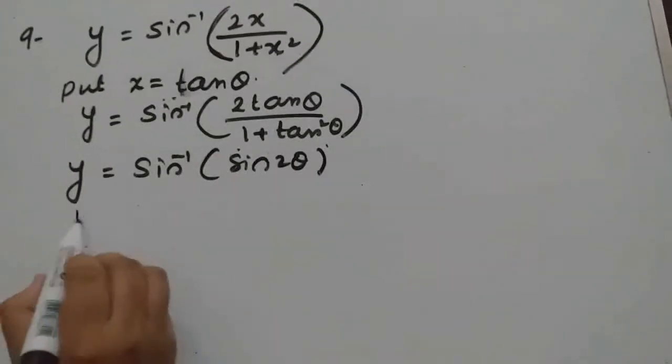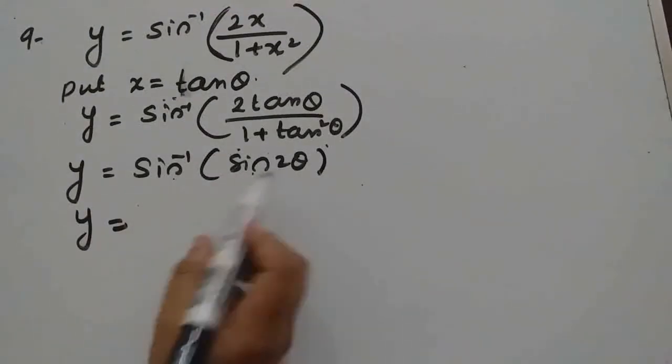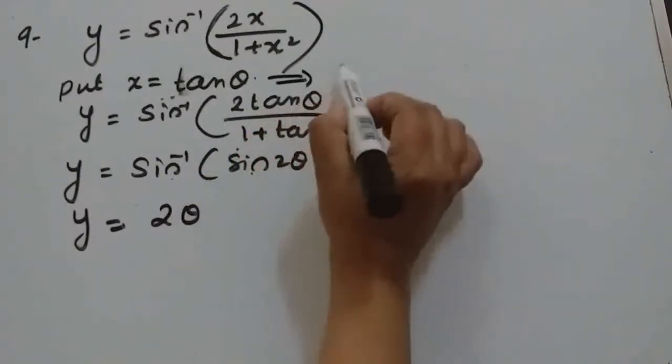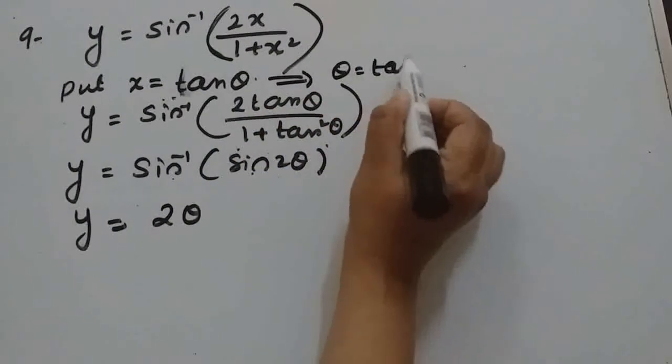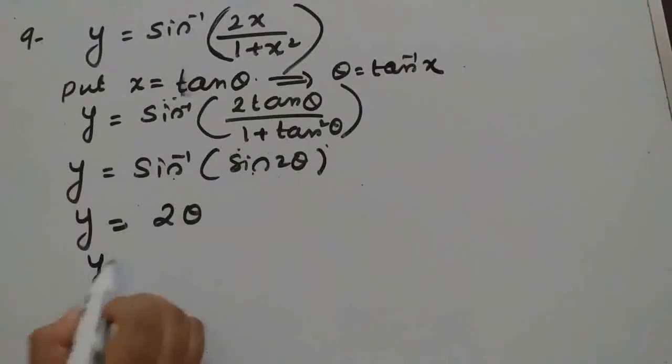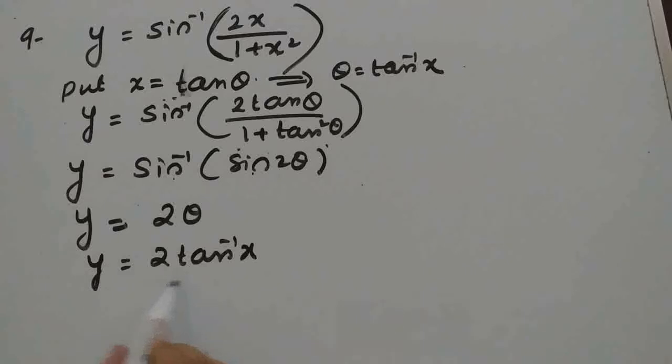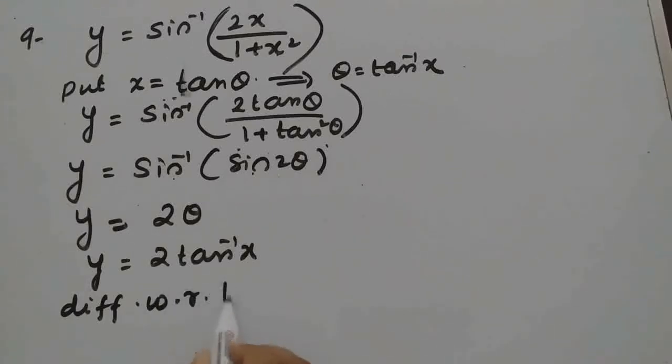By the property of inverse trigonometry, these we can cancel. The answer will be 2 theta. But from here, what is theta? Tan inverse x. So here we will write 2 tan inverse x. Now this has become the simplified form of the question. Now we can take the derivative. So differentiate with respect to x.